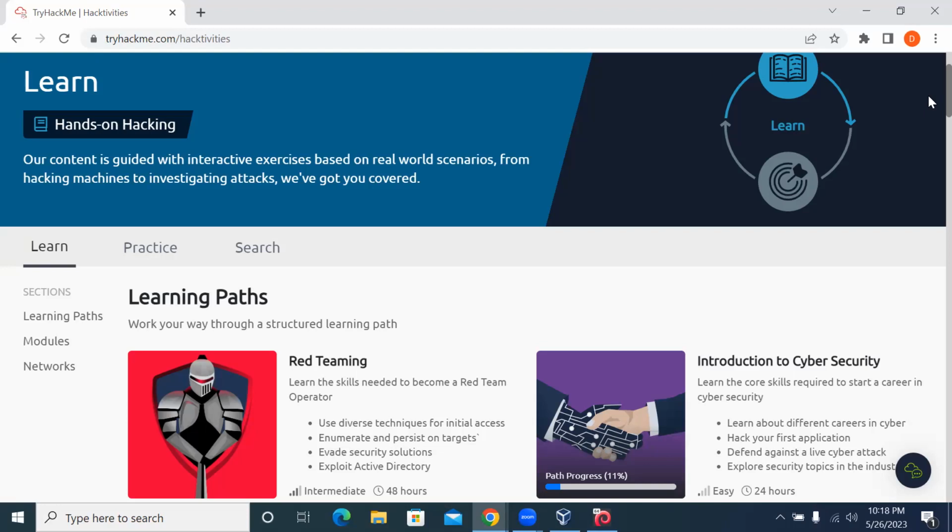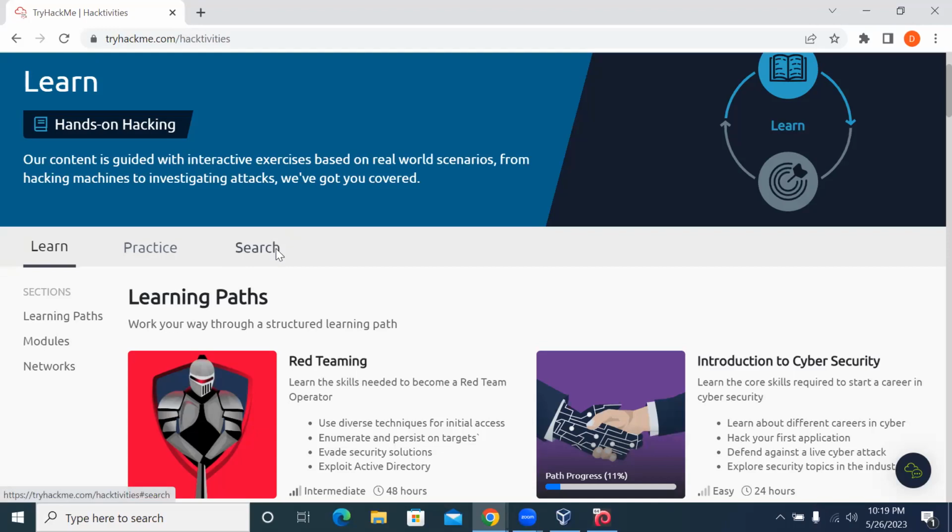First of all, it is used for scanning a network to determine what is wrong, the vulnerabilities that are available in that network.